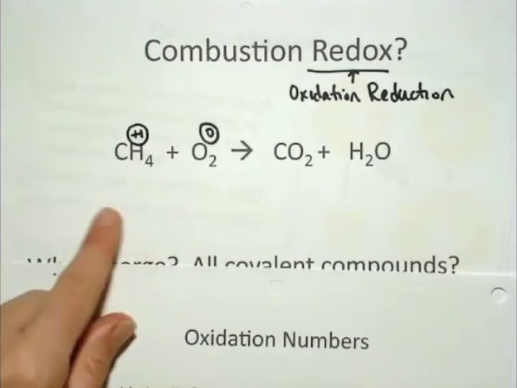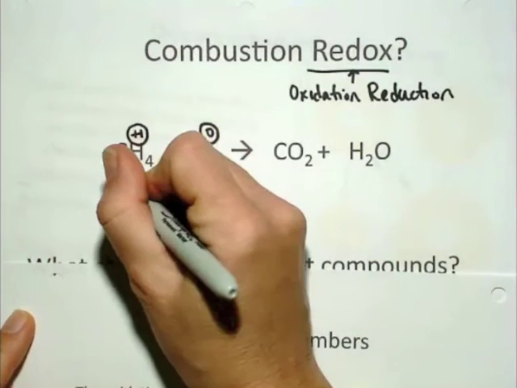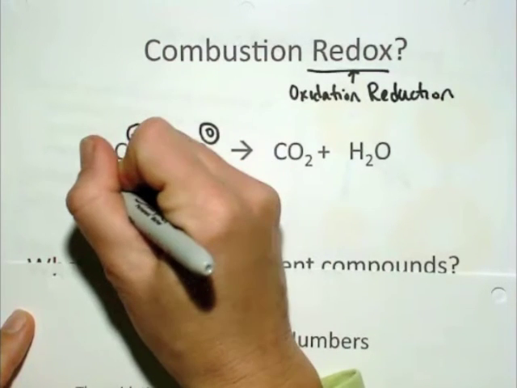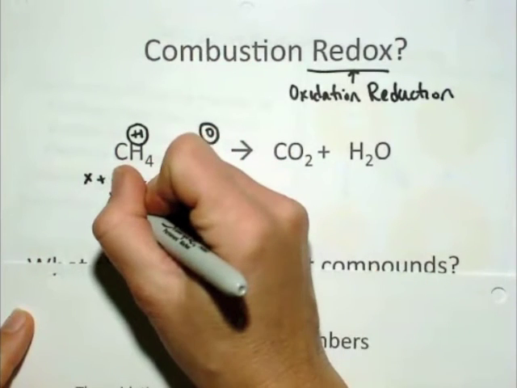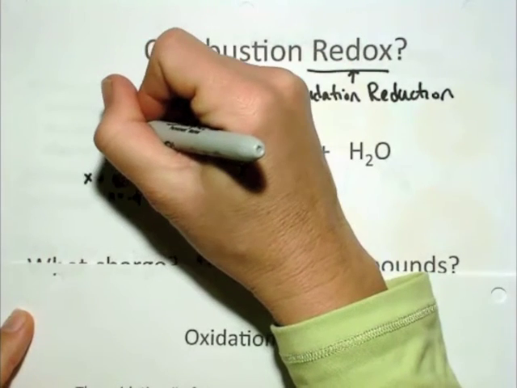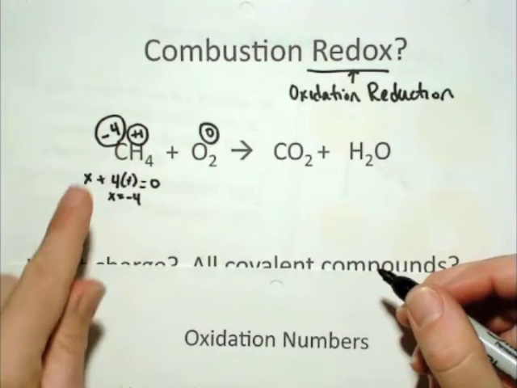The total charge of methane is 0. So if the total charge is 0, and I have 4 +1s from the hydrogen, then, letting X be carbon, what must be the charge on carbon? If you solve for X, X equals -4. So the oxidation number of carbon is -4. So 4 - 4 is 0.